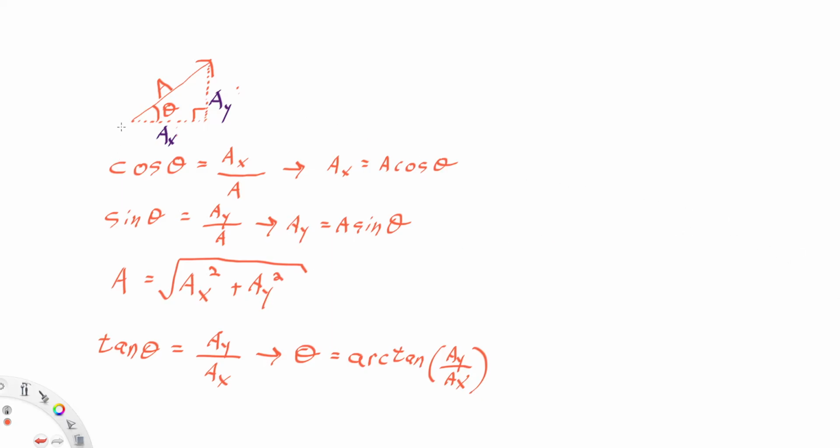All right, and let's talk a little bit of notation here. When we are keeping track of the x and y parts of a vector, I like to use these angle brackets. So we use an arrow on top of our variable name to indicate that it's a vector and not just some number.